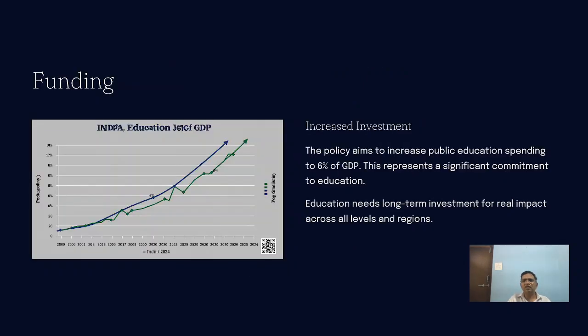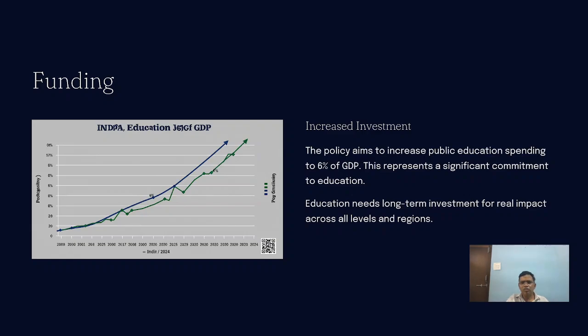So see, funding is also required in order to implement this. The policy aims to increase public education spending to 6% of GDP. So gross domestic product, on which the government is planning to spend at least 6%. This represents a significant commitment to education.